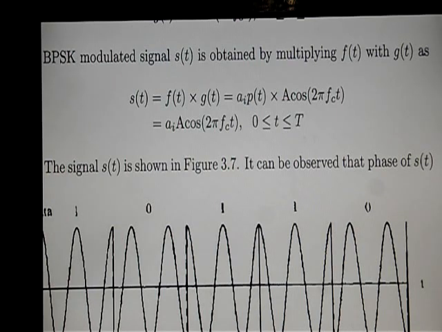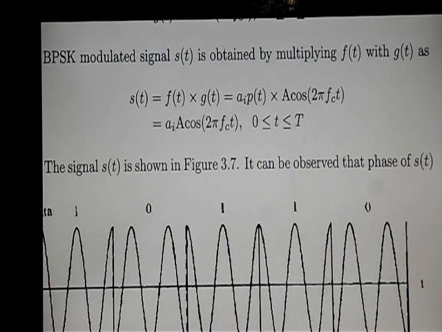In this product, you can just substitute a sub I p of t for f of t, and you get this equation, a sub I p of t multiplied by a cos of 2 pi f c t. And in the next line, you can see that p of t is not written.